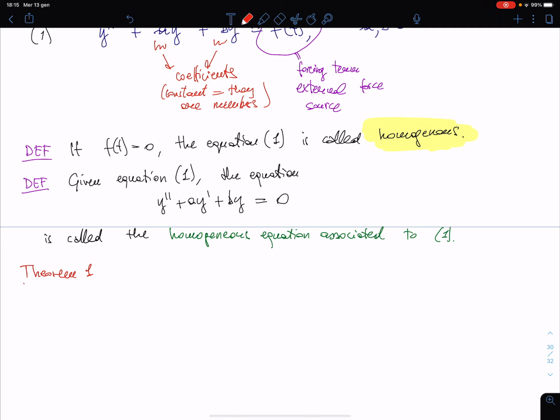Theorem 1 is a so-called structural theorem, because it gives you the structure of the general integral, which means the set of all solutions. Do you remember? They are infinitely many. But this set, since the equation is linear, is quite particular.